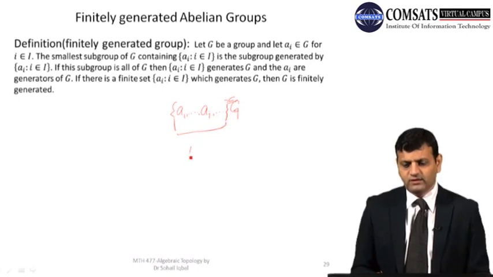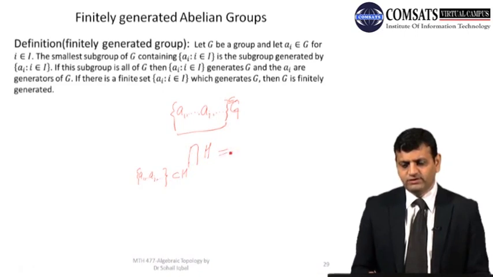In other words, take the intersection of H such that this H contains the set ai, a1 up to ai up to so on. So take the set of all subgroups of G containing these elements, and then take the intersection of all those subgroups.